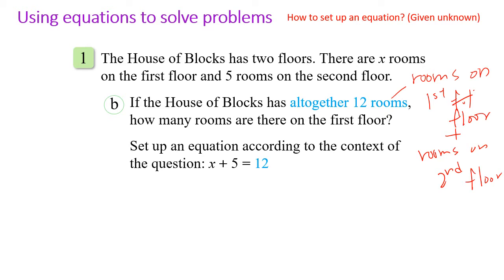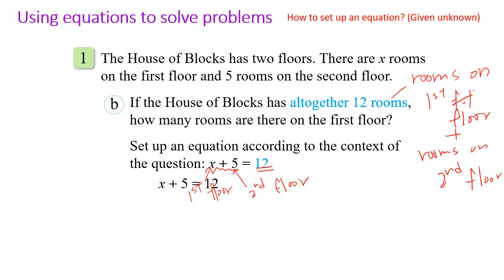According to question 1a, we know that the equation will be x plus 5, because x is the number of the first floor and 5 is the second floor, and altogether we have 12. So x plus 5 equals 12.